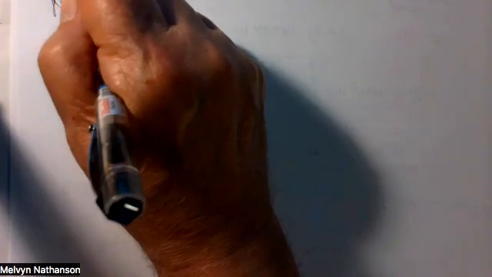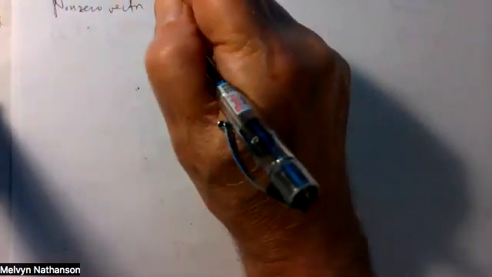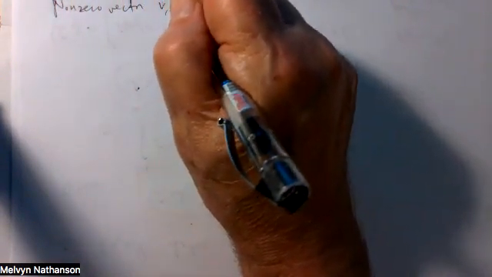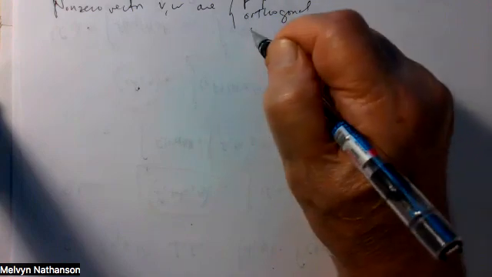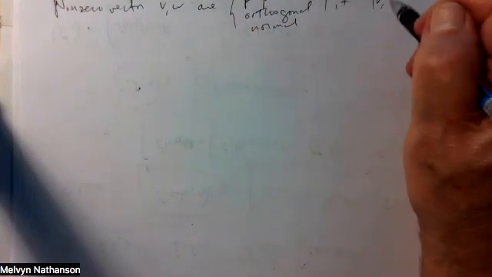So we say that non-zero vectors V, W are, and there's three words that are basically synonymous here, perpendicular to each other, perpendicular, or orthogonal, or normal, if the inner product of V and W is 0.